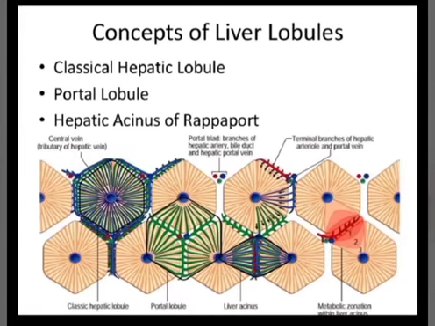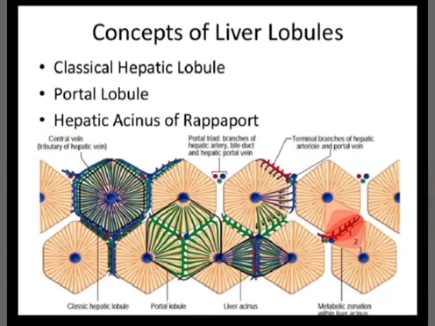Now, this is the concept of the liver lobule. I have told you that there are three interpretations of the parenchymatous tissue or the histological structure of the liver. There is the classical hepatic lobule, there is a term called the portal lobule, and there is the hepatic acinus of Rappaport.